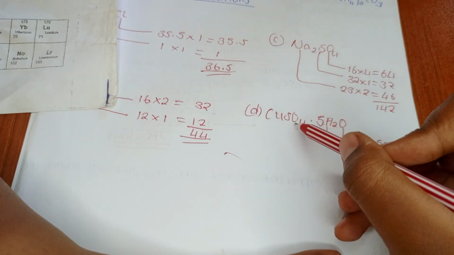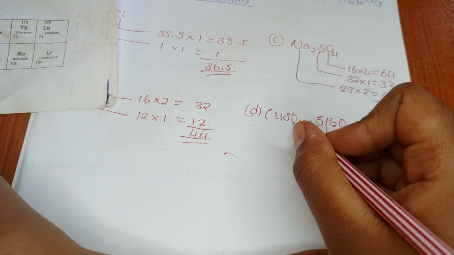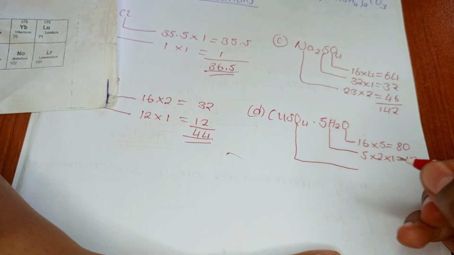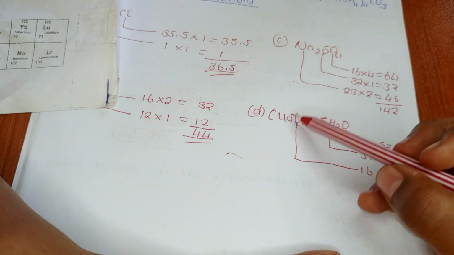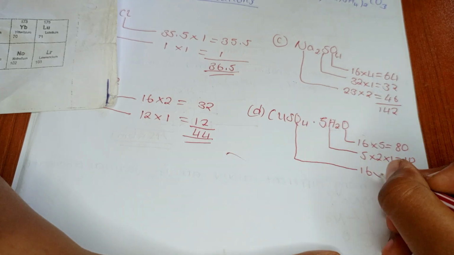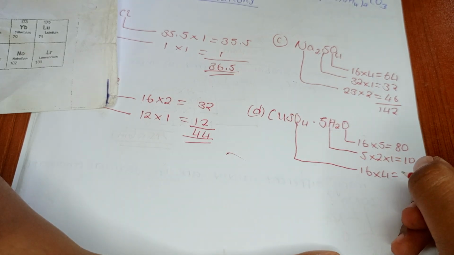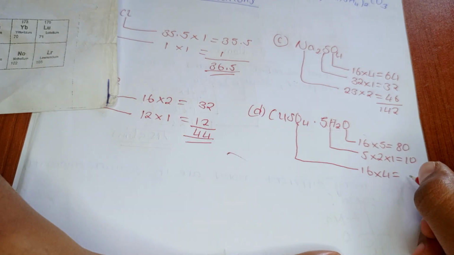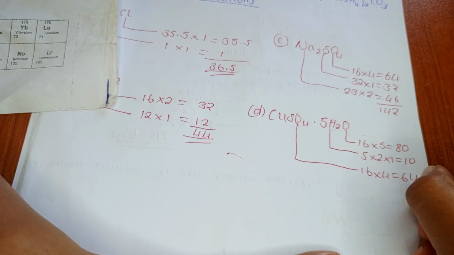And then here we have oxygen again. And as I already mentioned here, oxygen has a mass number of 16. So it's going to be 16 by 4 oxygen atoms. So by 4 is equal to 64.